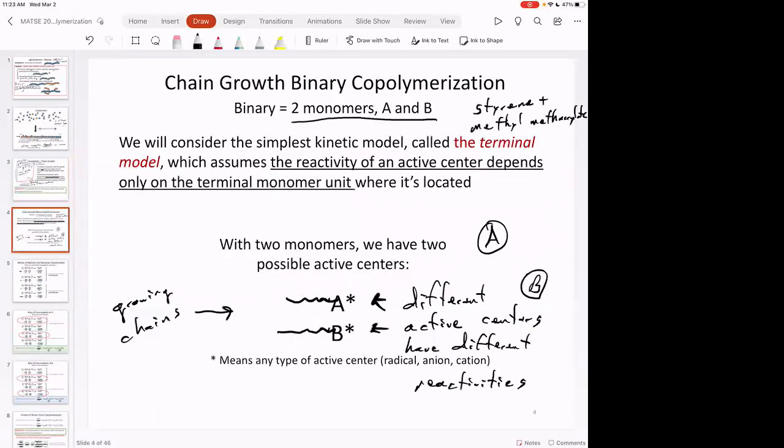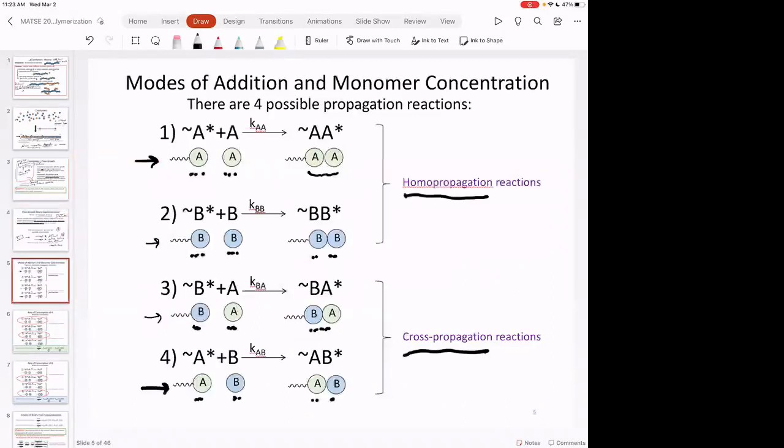All right, so this is a situation. We have two different active centers, and I'm going to switch from orange and blue to A and B. We have A active centers and B active centers, and the question is, what monomer are they going to add? Are they going to add A, or are they going to add B? So we've got these four reactions that we talked about, and we talked about homopropagation. Notice that the active center in homopropagation doesn't change.